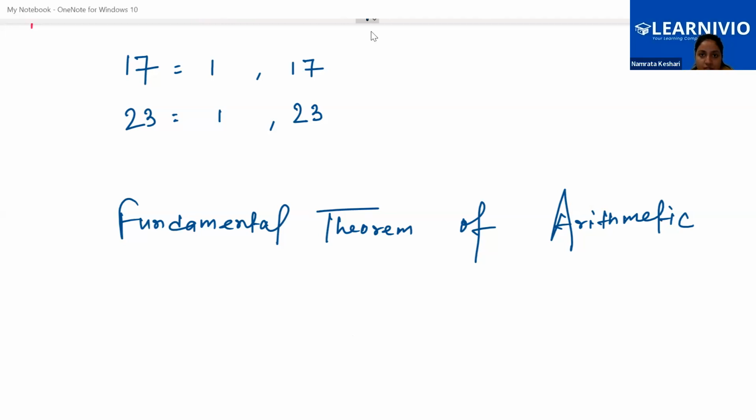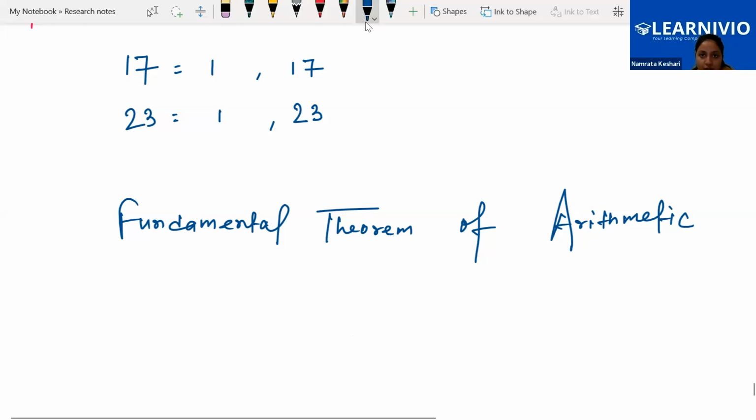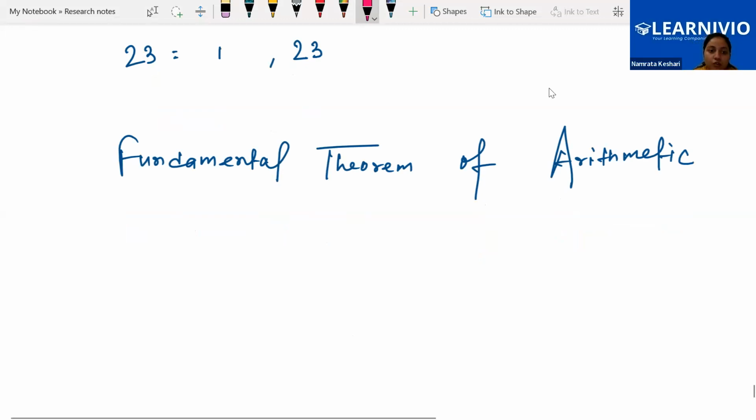So the theorem says that I want to write the statement over here as it is, then we will see what exactly the theorem says.